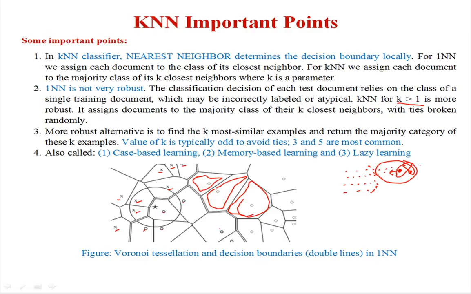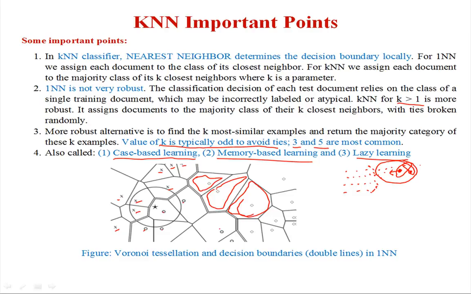The value of k is typically odd, like 3, 5. I already discussed why we select odd numbers for k, just to avoid the ties condition. This is also called k nearest neighbor based classifiers, also called case based learning, memory based learning or lazy learning, because we fix everything in memory.